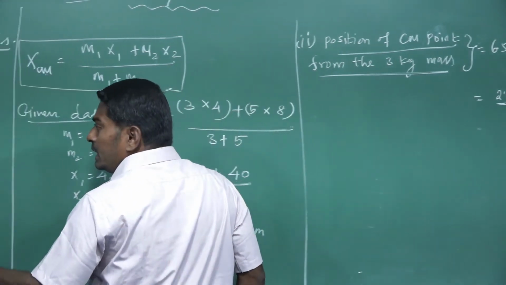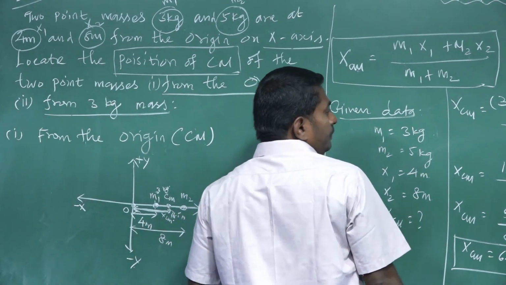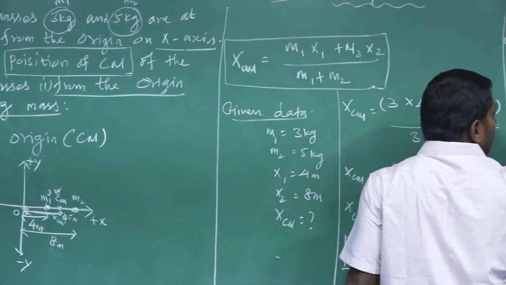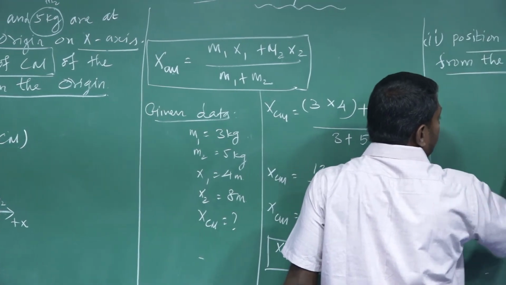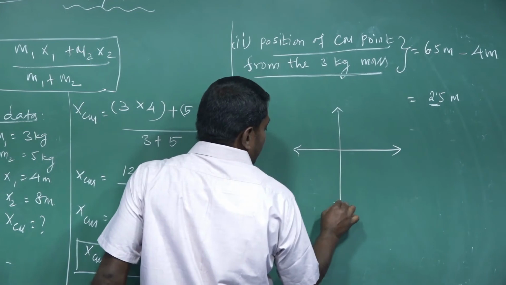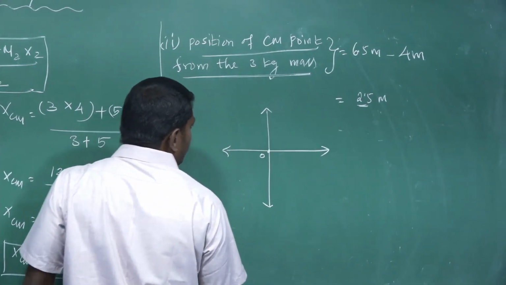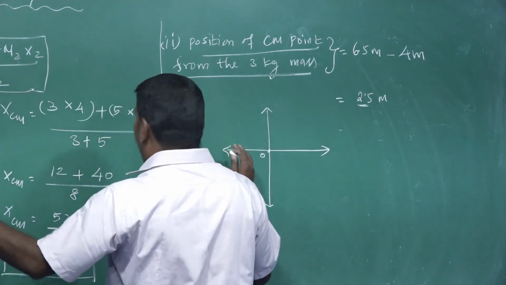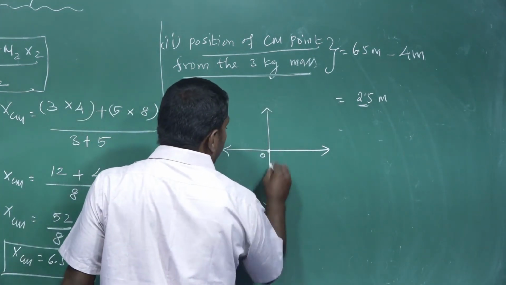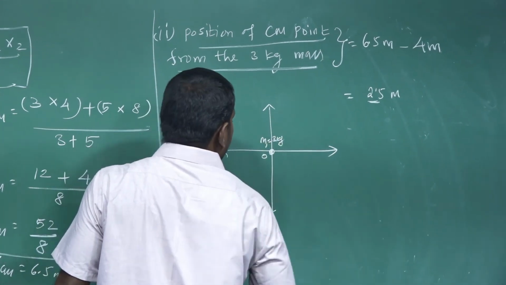Or in the same second division, it can be calculated in another way. We choose the Cartesian coordinate system. Origin of the Cartesian coordinate system O. First point mass is made to coincide with the origin M1, which is equal to 3 kg.